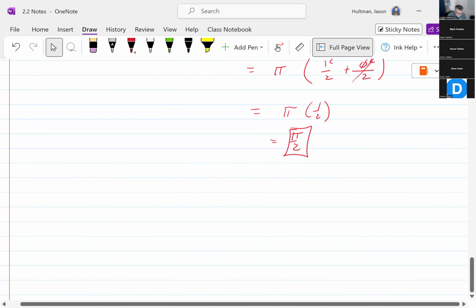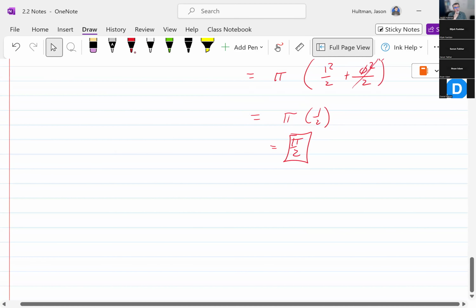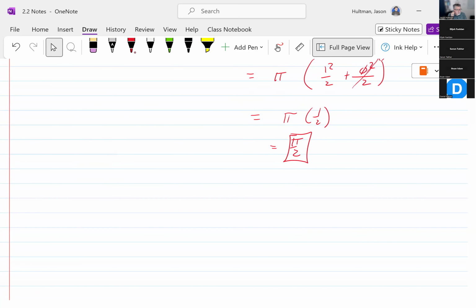Okay, now the question is, well, what happens if we want to revolve around the y-axis? Well, we have to put everything in terms of y then.